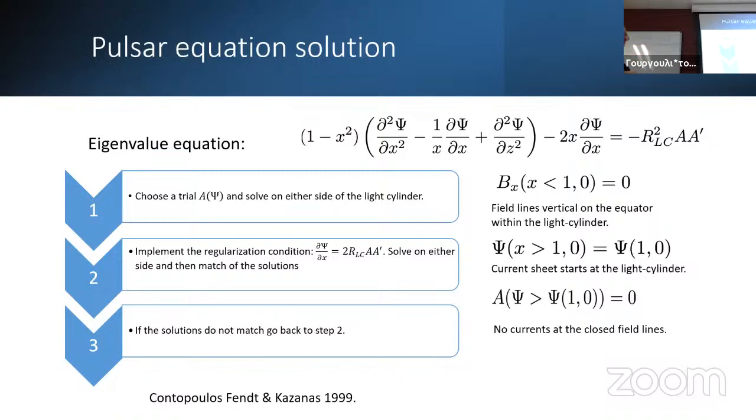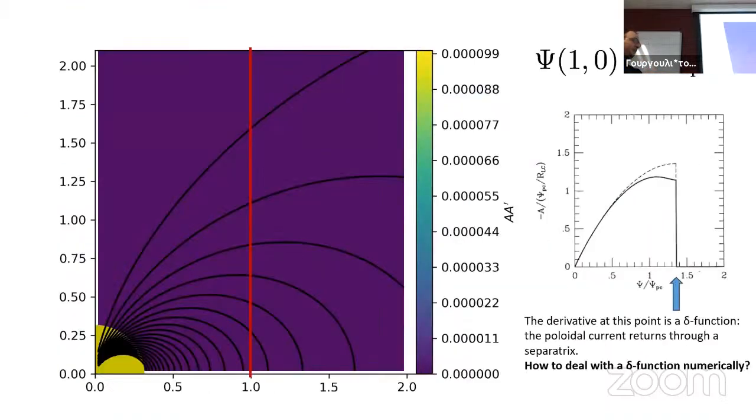Now, another important point is that, as we said before, we need to place the current sheet somewhere, and we do so at the point where the light cylinder starts. At the same time, in the standard pulsar solution, there is no current in the closed field lines.